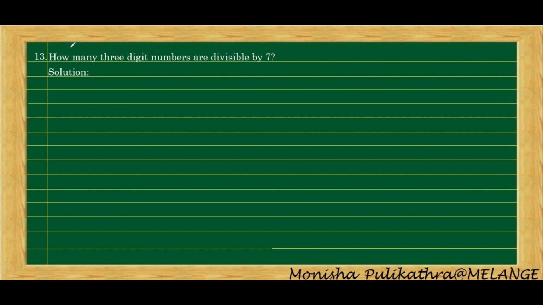So first, the smallest 3-digit number is 100, and the largest 3-digit number is 999.